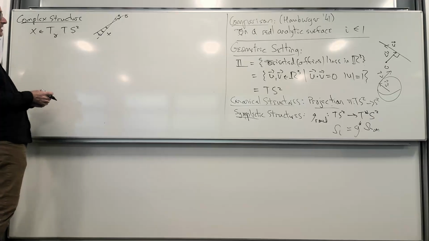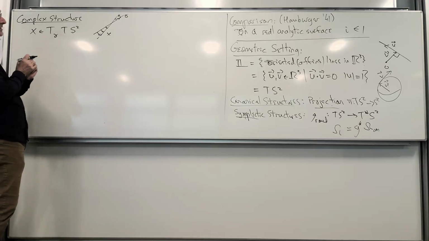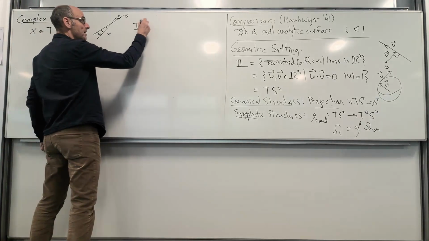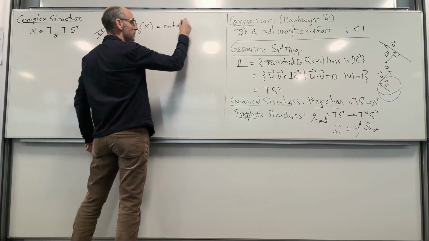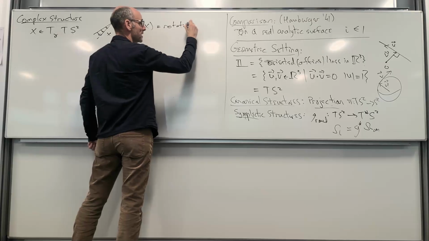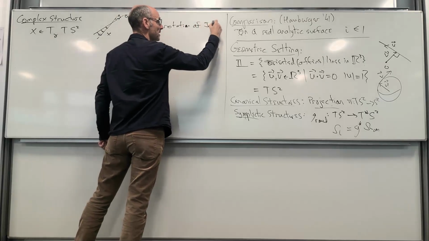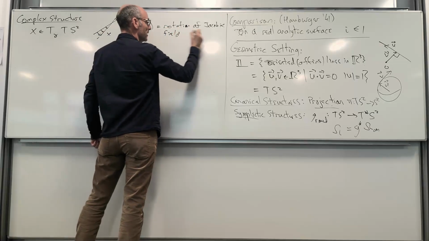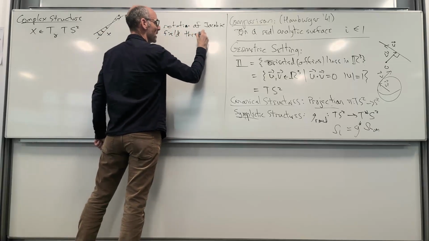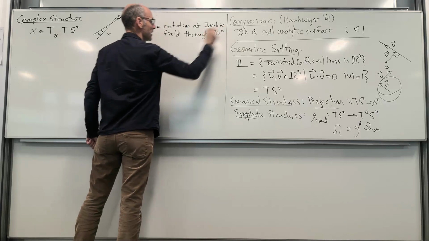And that's the tangent space at that place. Okay, and then J of X at this point, gamma, is the rotation of the Jacobi field through 90 degrees about your line gamma.